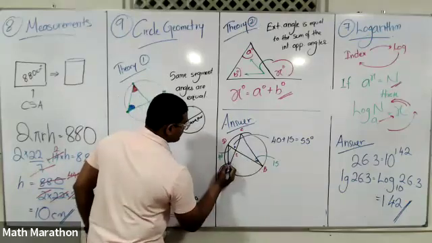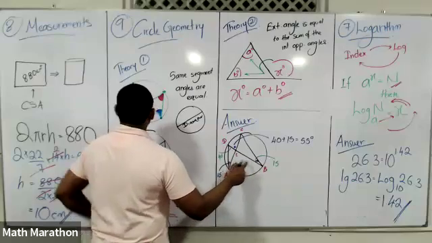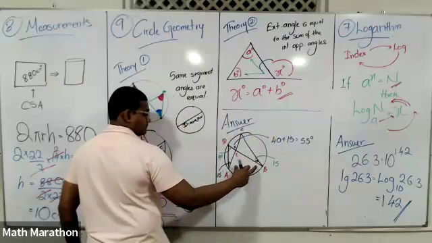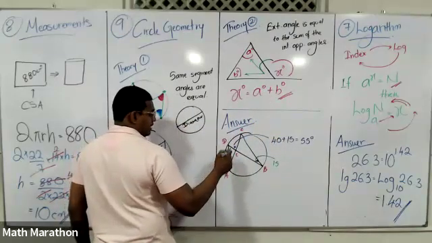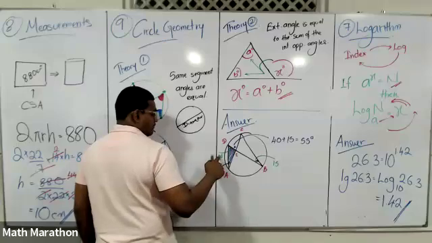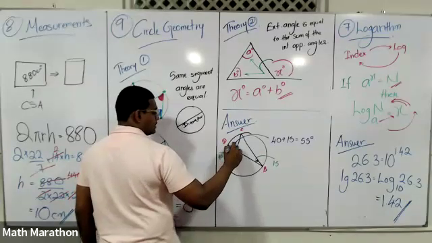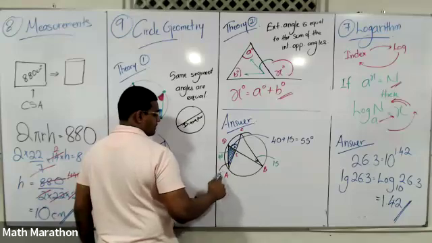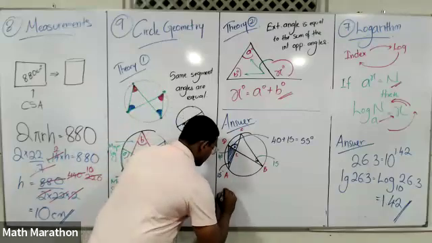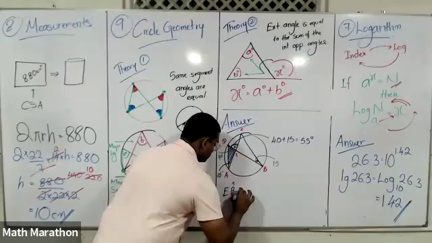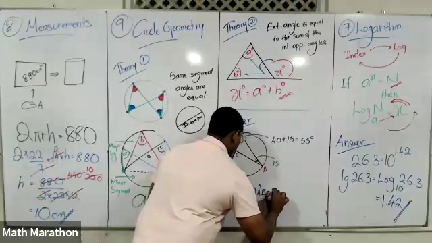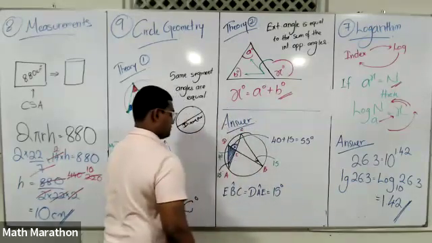This and this are same segment angles. So I can find this. If I take the triangle DEC, 40 and 15 are equal to this exterior angle. So now EBC equals DAE equals 15 degrees.